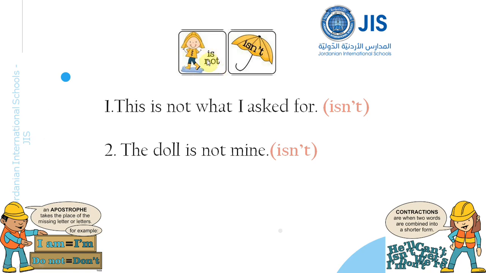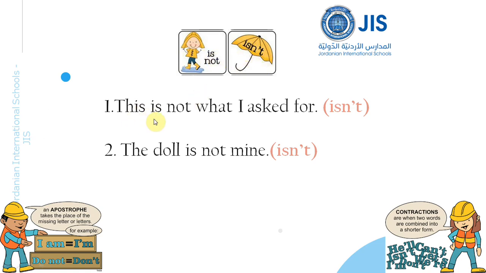So when we have these two words together and we want to join them together and make them one family, what do I do? I always remove the O and I put an apostrophe instead. You see the apostrophe? I put it instead of the O, and it becomes one word called isn't. So is not becomes isn't.